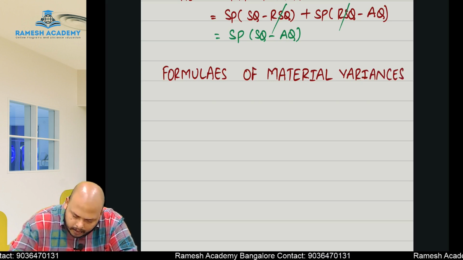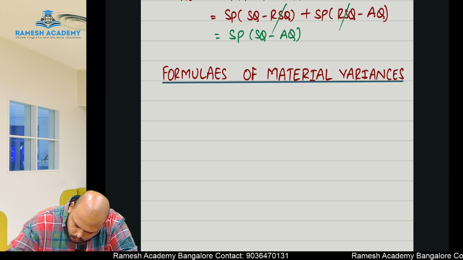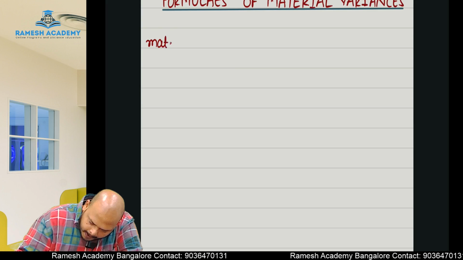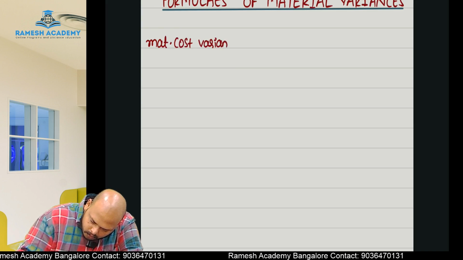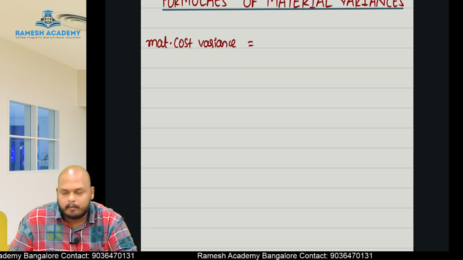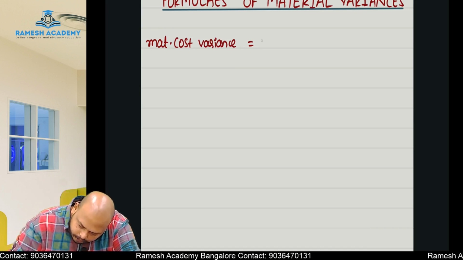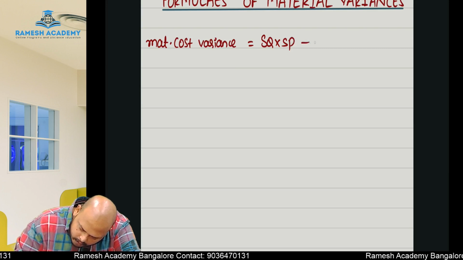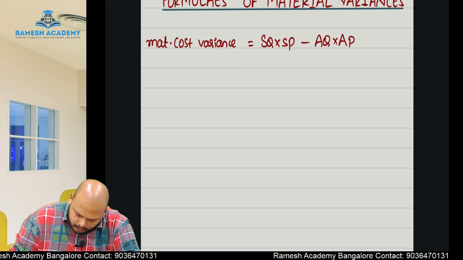Formulas of material variances. First one, material cost variance is equal to standard quantity into standard price minus actual quantity into actual price.